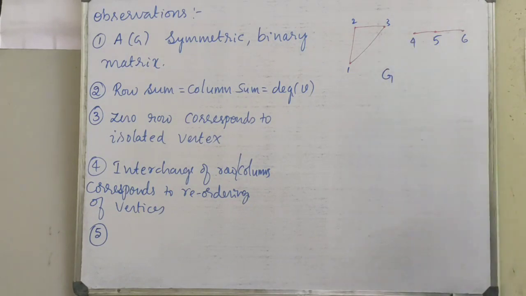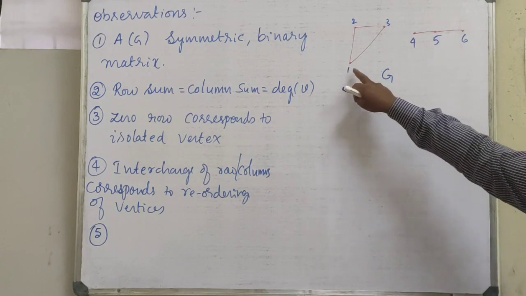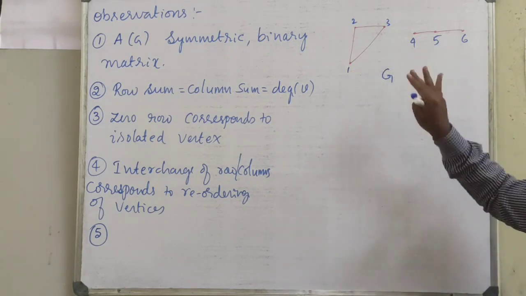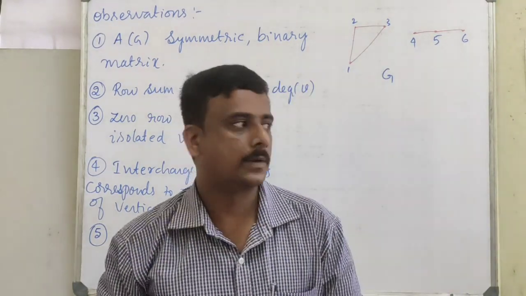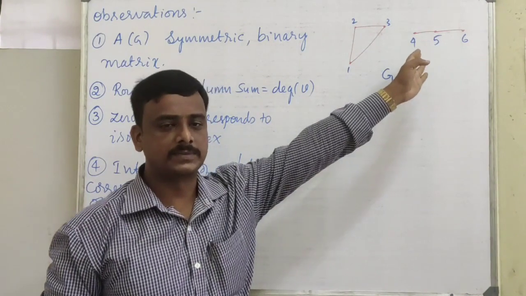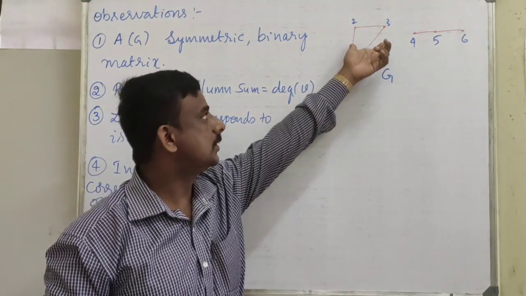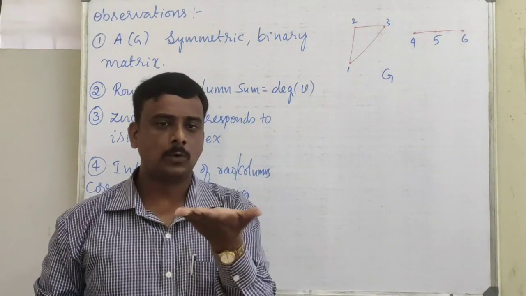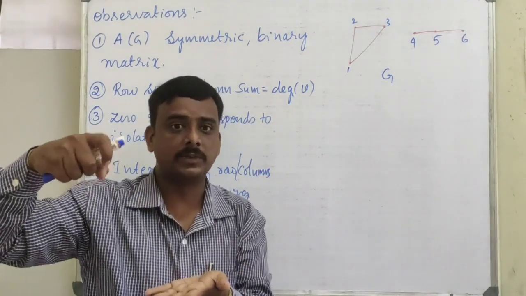So I have a graph G which is disconnected. You can't find any walk between 1 and 4. So this graph is disconnected. If a graph is disconnected, then actually it will be a union of two connected graphs. G is disconnected, which can be viewed as a union of two connected graphs. Overall G is disconnected, but if you take its subgraphs, those will be connected.